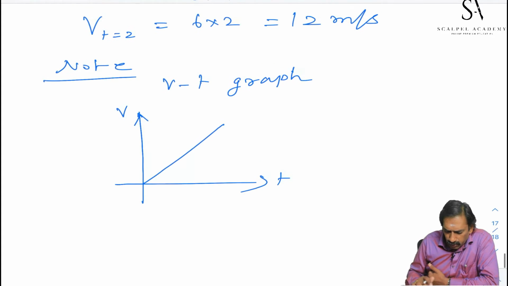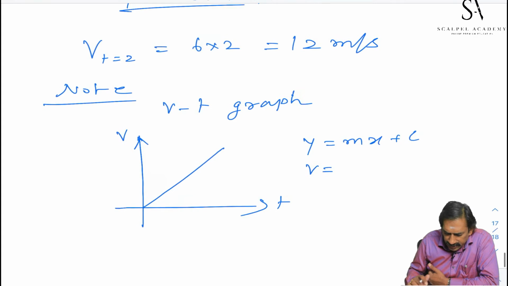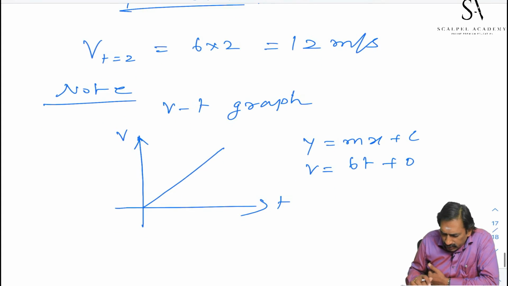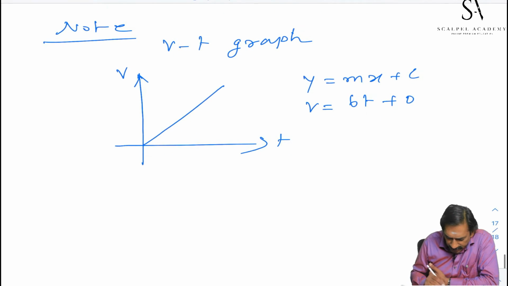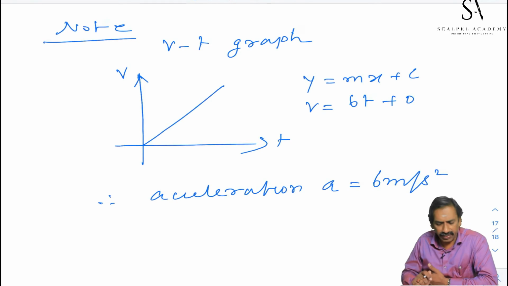Then what about the slope? Y is equal to mx plus c format. V is equal to 6t plus 0. Slope m is equal to 6. Therefore, acceleration a is equal to 6 meter per second square, we get it.